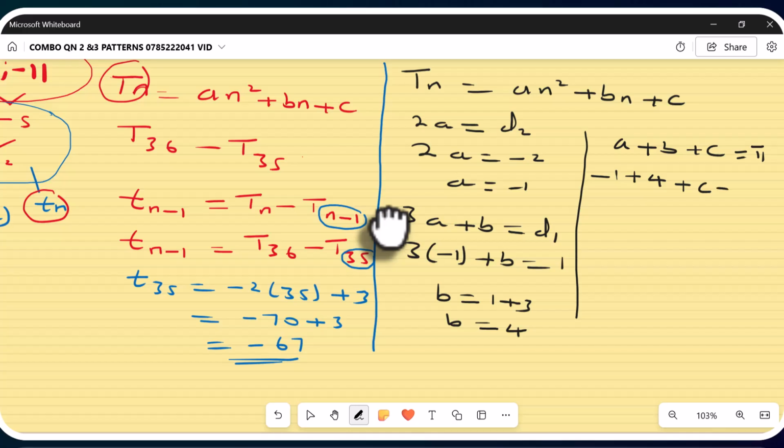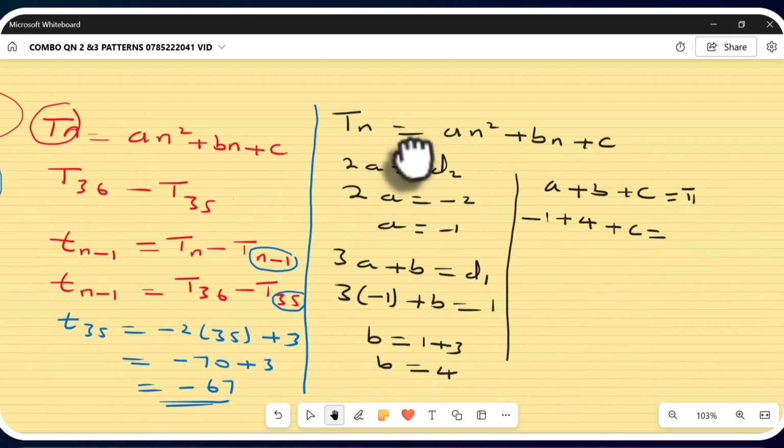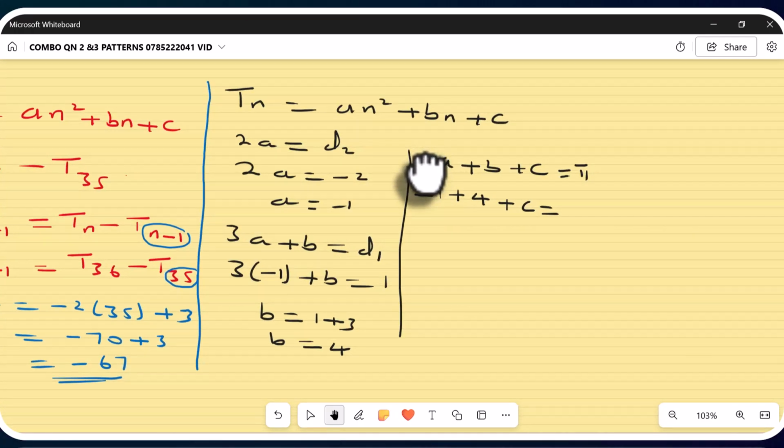Next question. Here we got -1n², and our b was 4n, and then -6.